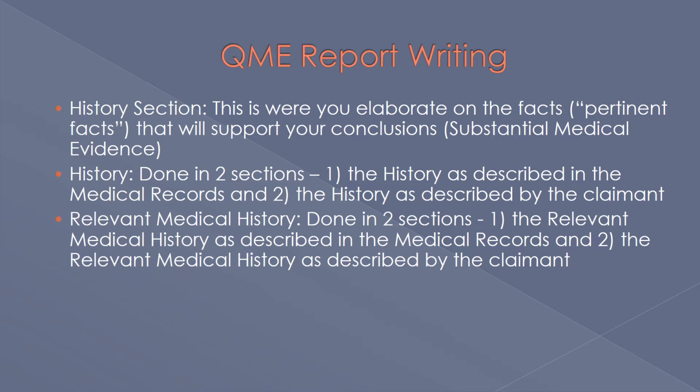And this is where you elaborate on the facts, which are going to be the pertinent facts that will support your conclusions when you get to important conclusions, perhaps related to permanent impairment or perhaps related to the causation and apportionment of the permanent impairment. And so this is where you start to first mention the important facts upon which your opinions and conclusions rely and are going to be based.